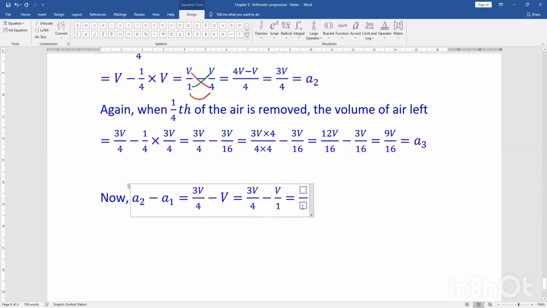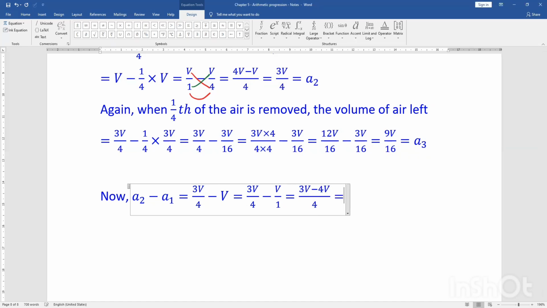Here 4 into 1 is 4, and 3v into 1 is 3v, minus 4 into v, which is 4v, right? So 3v minus 4v is minus v, or minus 1v, anything we can write, minus 1v by 4.